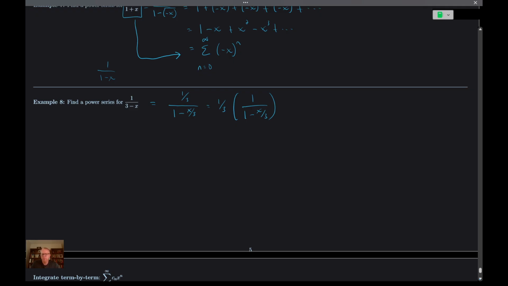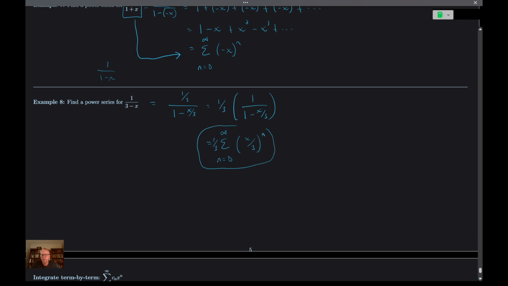And then we're subtracting off x over 3. So now this should be the sum from n equals 0 to infinity. We can pull out the 1/3. That's just a constant. We can pull that outside. And then whatever is subtracted here is the term that we're going to be raising to the n and adding up all our terms. Okay, so there we go.